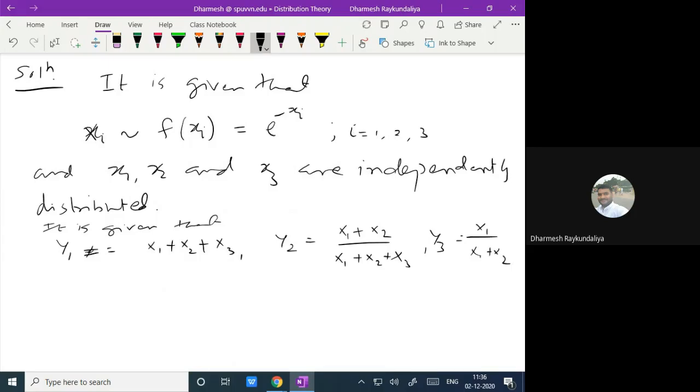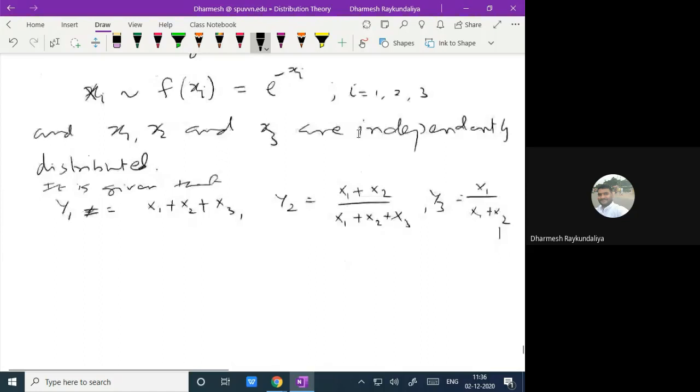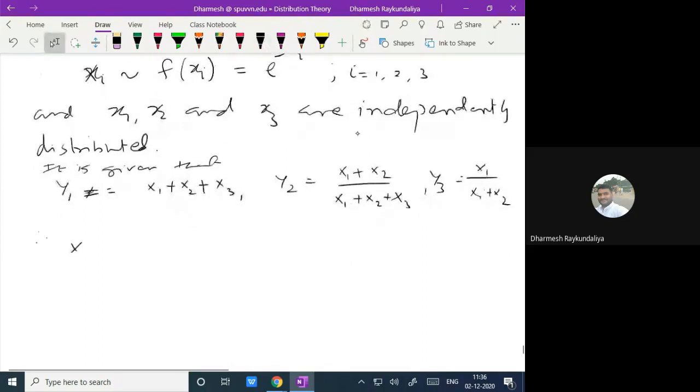Okay, so what is x1? Therefore x1 equal to, x2 equal to, and x3 equal to, because I have to write the function of x1 in the form of y1, y2, y3. So what is x1? Can anyone suggest what is x1?